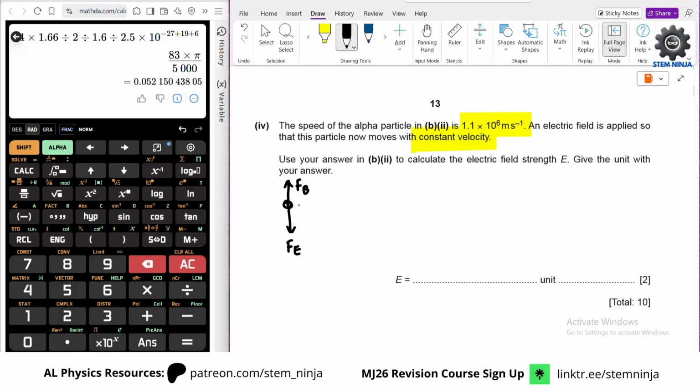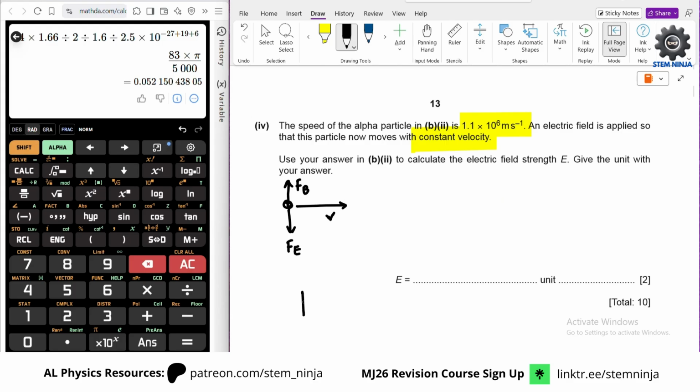So either it now continues to move perpendicular to these two forces, which is most likely going to be the case, or otherwise it could still be moving parallel to these forces also, because the acceleration previously was parallel to this.